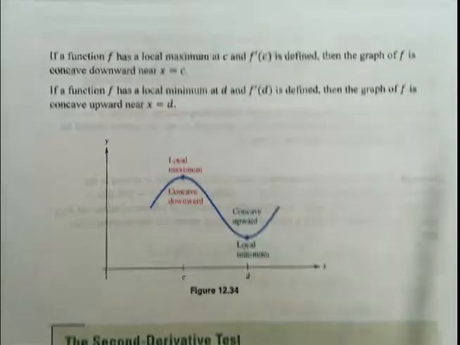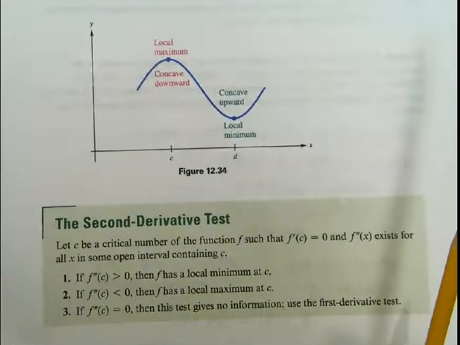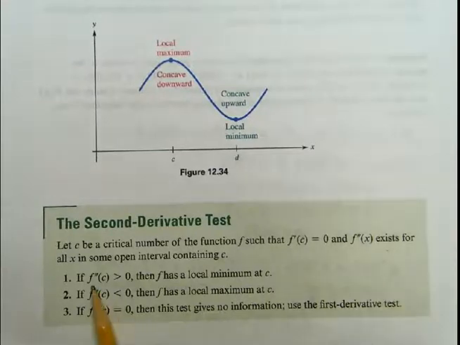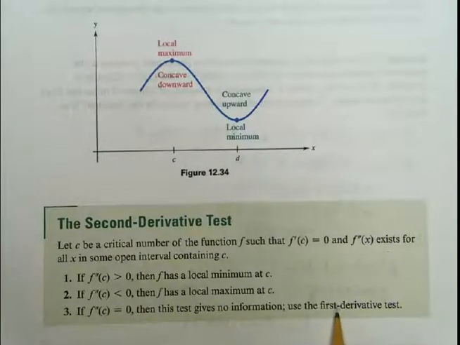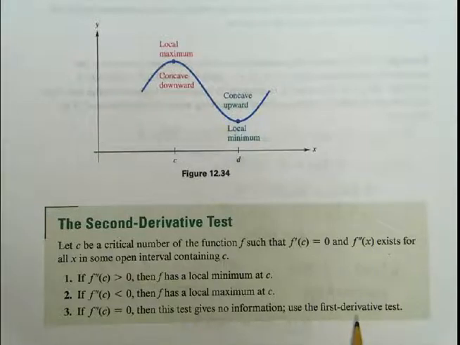So the second derivative test is listed right here. If the second derivative is greater than 0, then that function has a local minimum at c. If it is less than 0, then there's a local maximum. If it's equal to 0, then you don't really have any information from that. You can only use the first derivative test. So lots of little rules to remember here.